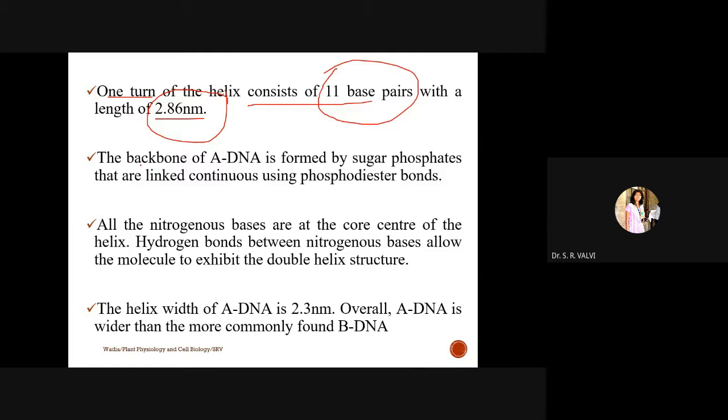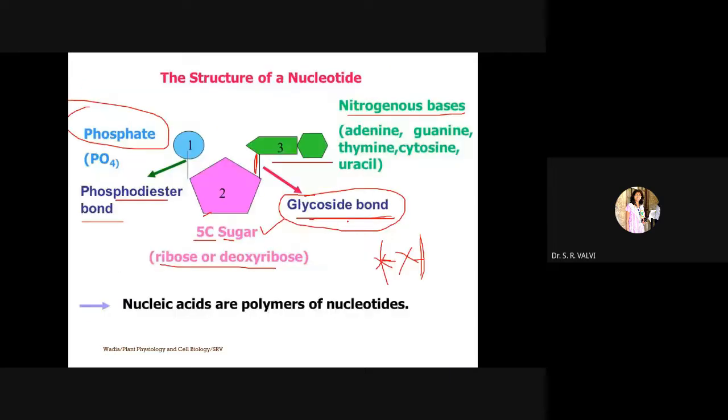Next, the backbone of A DNA is formed by sugar and phosphates. Obviously, it is what we have seen in a previous lecture. The backbone is made up of pentose sugar plus phosphate group, linked continuously using phosphodiester bonds. In my previous slide I also showed you the phosphodiester bond.